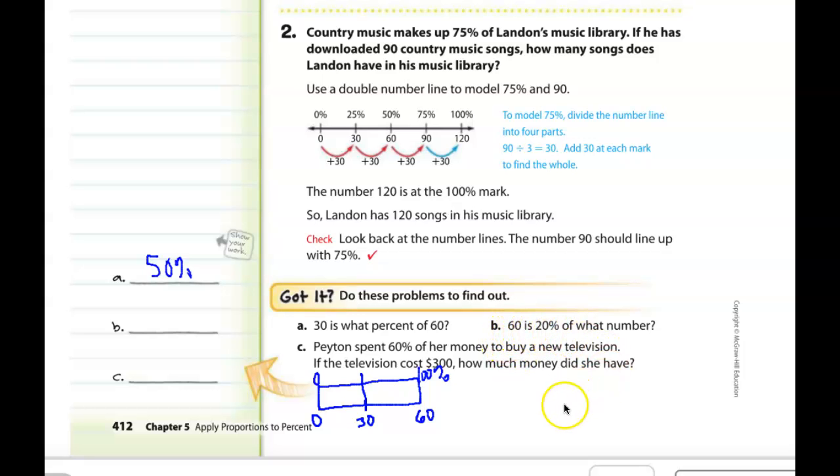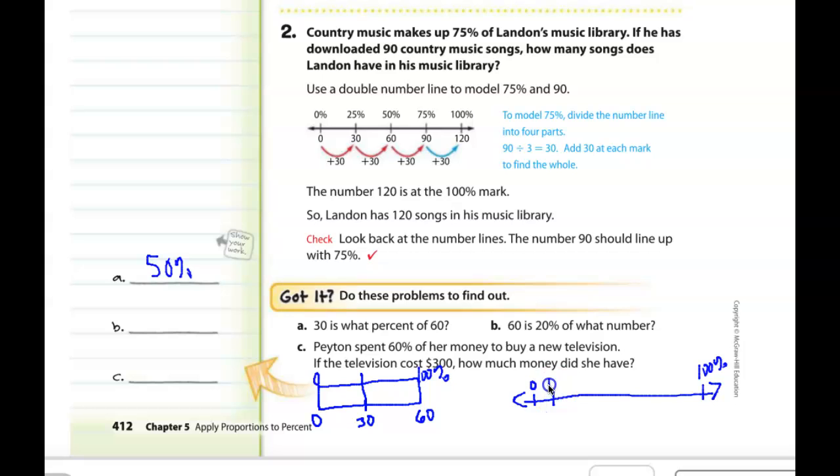60 is 20% of what number? So this time, if we do a number line, okay, we know 20%. So I'm going to go ahead and write 0%, and I'm going to write 100%. And so 20% is multiples of 10.